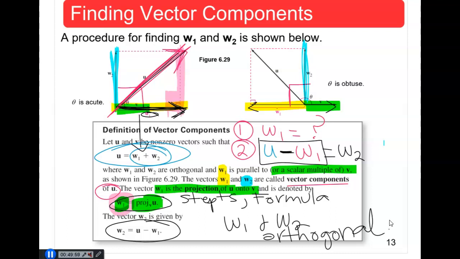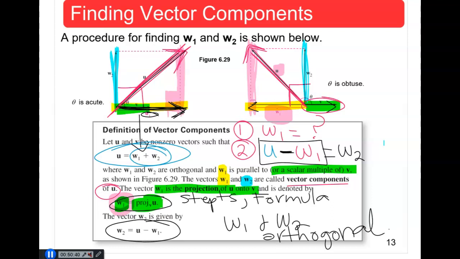Similarly, if we look at the one on the right, we are saying that w sub 1 is the projection of u onto v, and in fact we said it was a scalar multiple, so that if you connect the two terminal points of vector w sub 1 and u, you will have a perpendicular line to vector w sub 1.